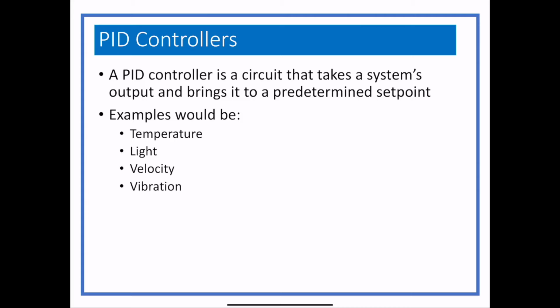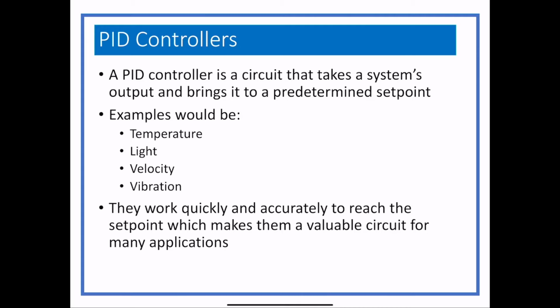And they work really, really quickly. If you have an error, it just basically takes the error and keeps processing it through multiple times until the output is stable. So they work really quickly, they work really accurately, and they're also relatively small because you can use op-amps.